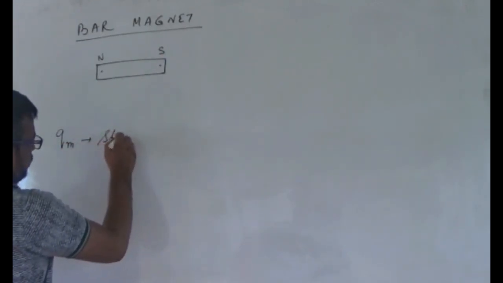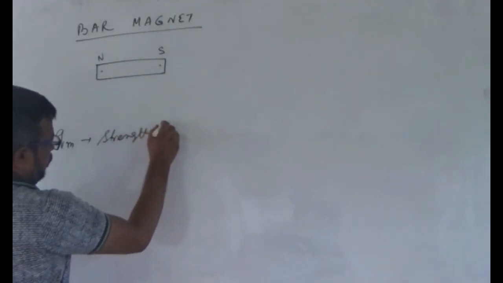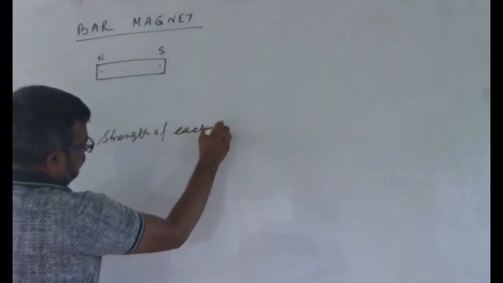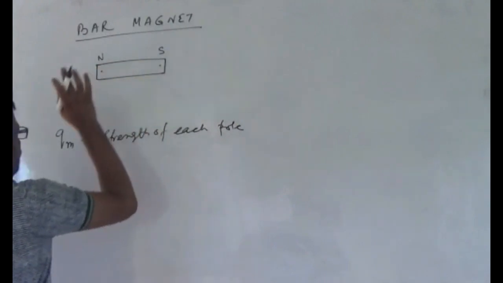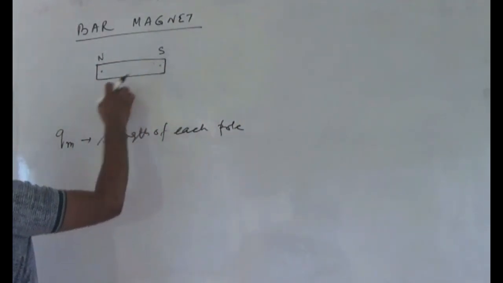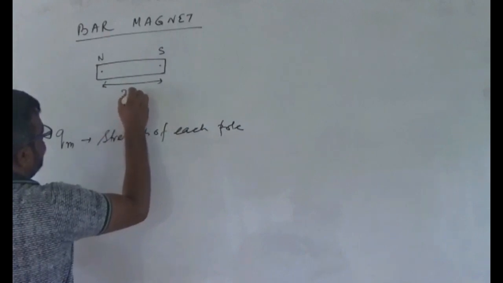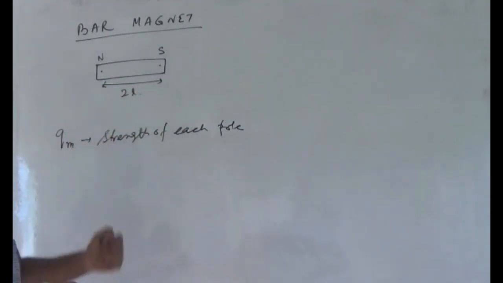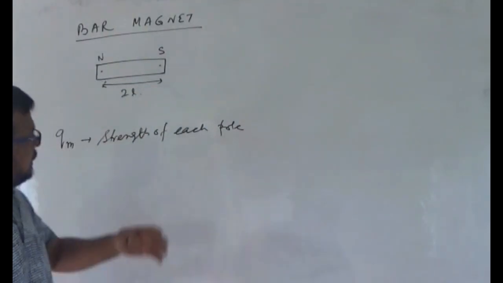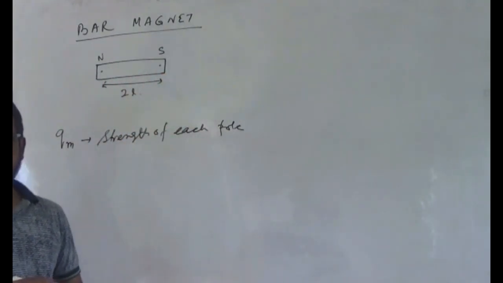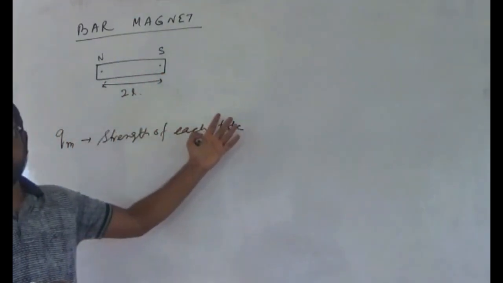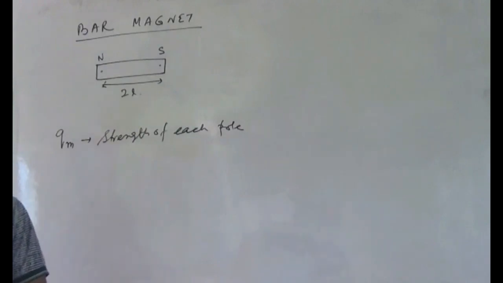The strength of the north pole is Qm and the strength of the south pole is also Qm, but their nature is different. The separation between these two poles is 2L, as we wrote for the electric dipole. Then this is called a magnetic dipole, or a bar magnet.